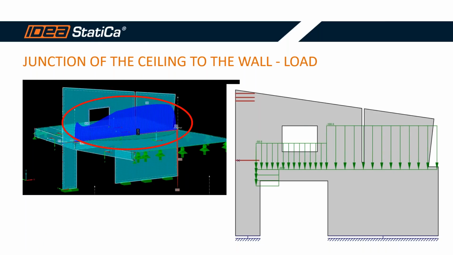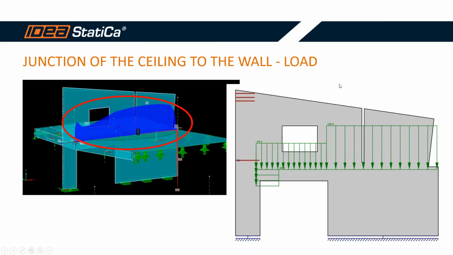Now you can see that from the geometry of the wall, there is a big opening under the ceiling in the wall, and this causes the shear force or shear stress to decrease due to lower stiffness, and the fully concreted bottom part of the wall is twice as high. So I arranged the load from the ceiling in this way.